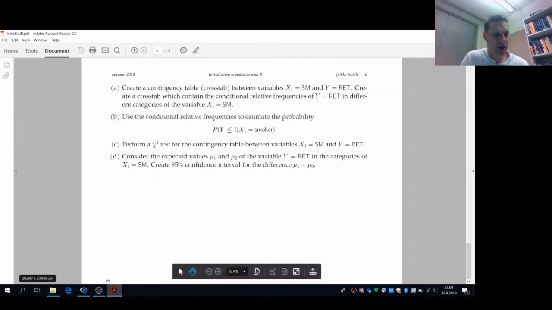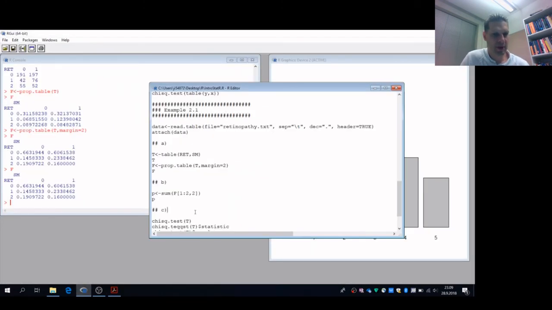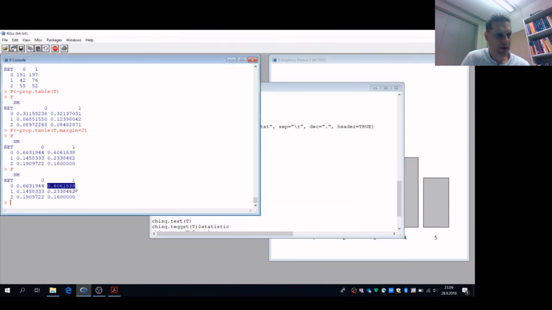So we get the estimate for this probability by simply going here to these relative frequencies, going into this category of 1, that is the smokers, and seeing what's the probability of the person getting value 0, and the probability in this subpopulation of getting value 1 with respect to this retinopathy variable.